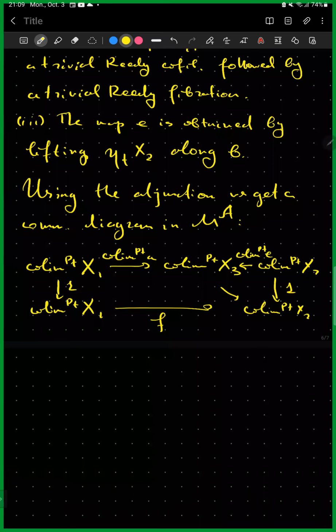So we just got rid of ET upper star and replaced it with the colimit T by adjunction.